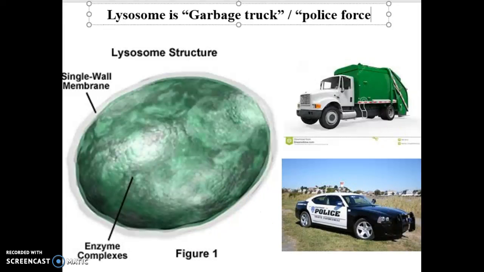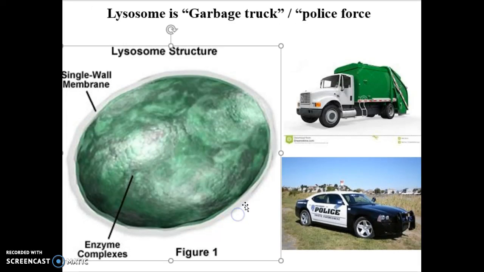This structure, the lysosome, is what will take care of and protect the cell. So it'll cruise around the cell, moving around, bumping into things it doesn't like, and then it'll get rid of them. It'll scoop it up, destroy it, recycle it, break it down, basically eliminate wastes from the cell. As a police force, it acts as a defender of the cell.